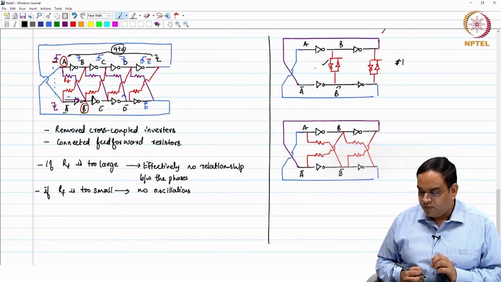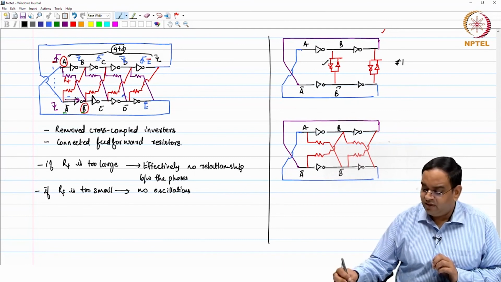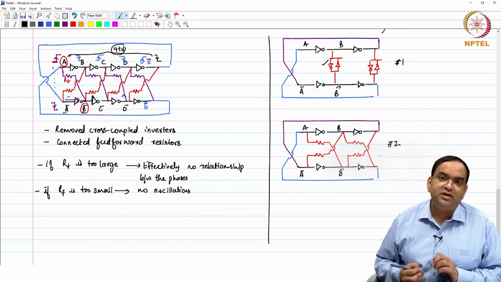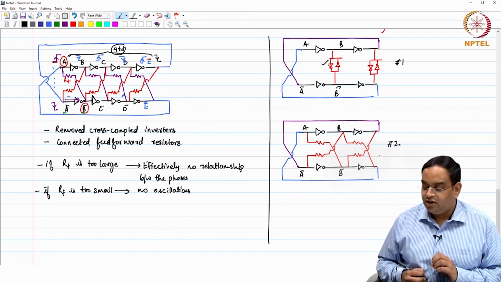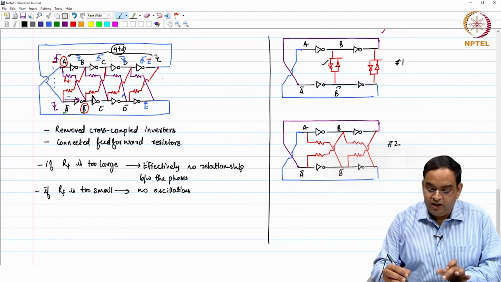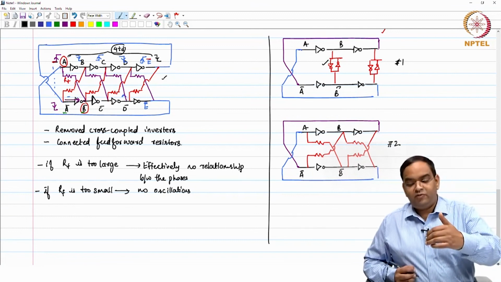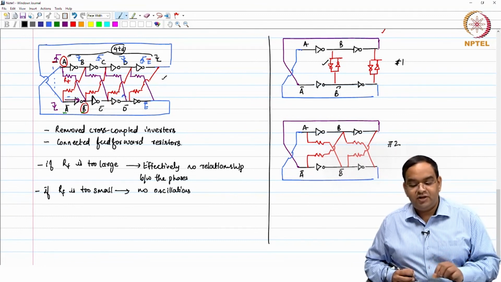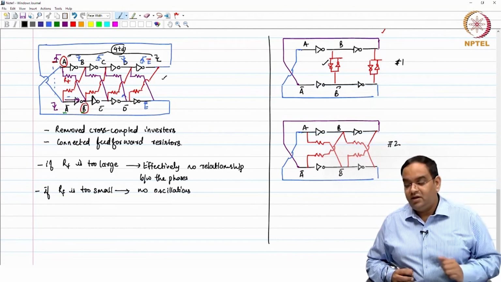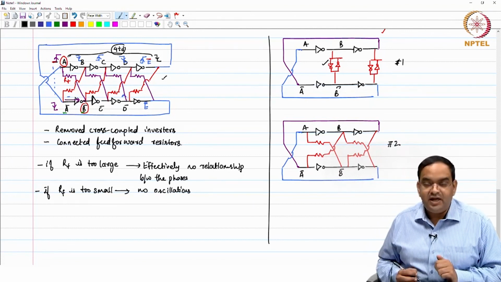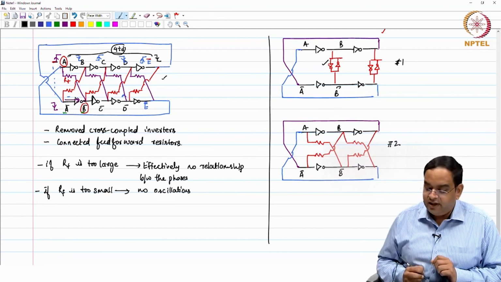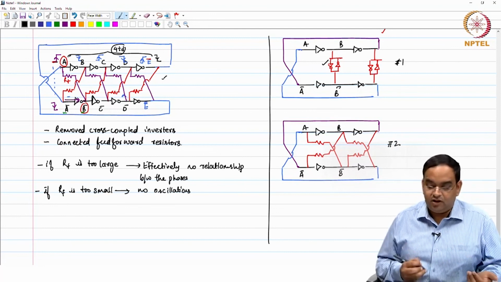So, if you take this particular example, you will find that in any given process, this one is very hard to make it oscillate. Okay. When you are using more number of inverters in the pseudo differential ring oscillator, you have a phase delay along the ring, which makes it oscillate.